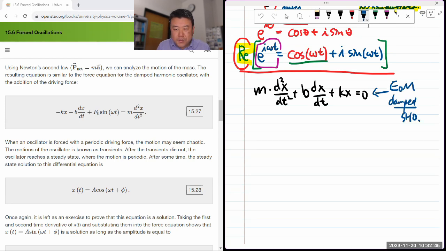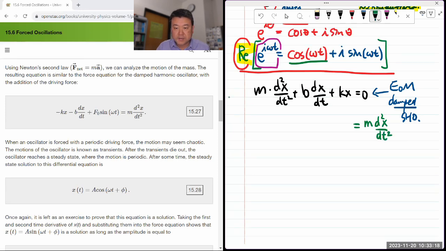And I see that even though I copied this from the textbook, in equation 15.27, they don't use this exact one. So let me first do a little bit of algebra to make that comparable. It looks like what they've done is first swap left-hand and right-hand sides. So I'm going to write the term that's going to remain on the new right-hand side, that'll be the second order derivative term, m times the double derivative of x with respect to time.